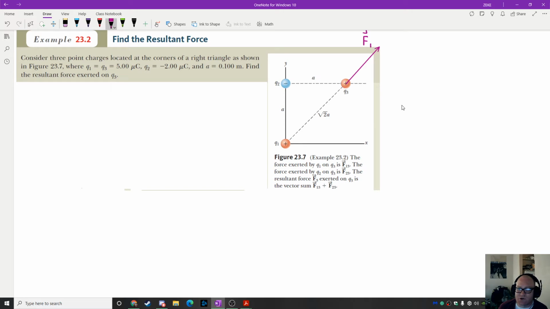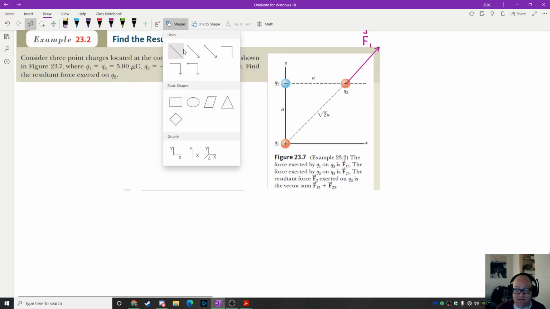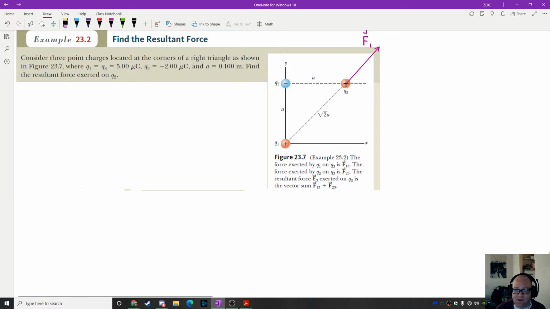In addition to that force F1, there is also a force that Q2 places on Q3. Q3 is going to be attracted to Q2, so the direction of that force is going to be to the left. Now, in terms of sizes, we won't really know until we calculate it, but we can roughly say Q3 is closer to Q2. It's A versus √2 A. But Q2 is smaller than this one.